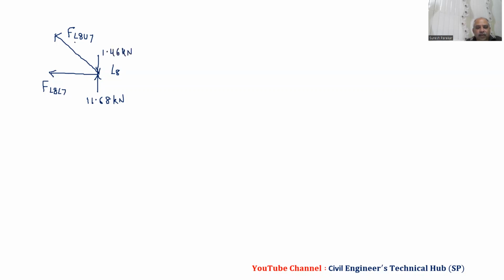So only the y component of this is unknown. I will write summation Fy equal to 0, which is FL8U7 sine 16.7 minus 11.68 minus 1.46 equal to 0. Because we have this angle 16.7, the vertical component will be sine.